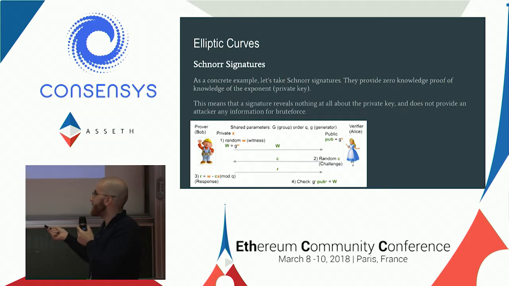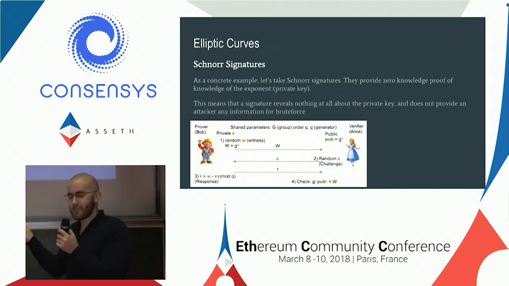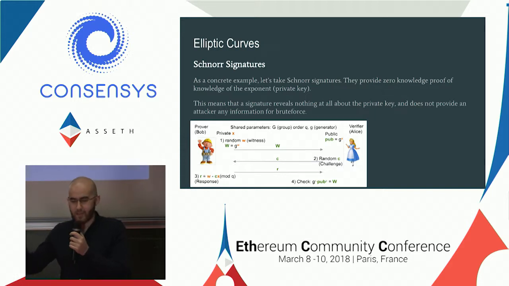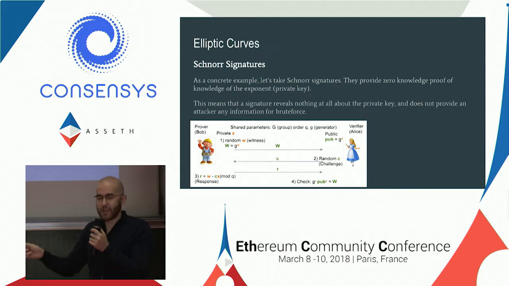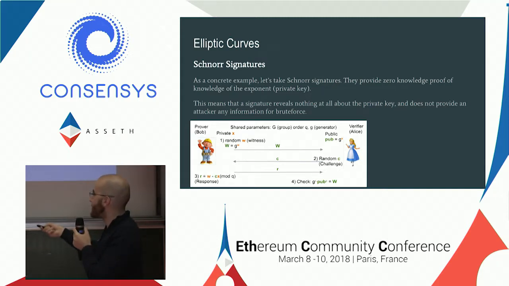I create a witness value, w, and I take the G, which is standard notation for curves. G is basically just the base, the group generator. It's a number that's hard-coded in all software, so we all know G is public by default. I take G to the power of w, and I get a big W. That's the blinder value, and I send Alice the larger W.